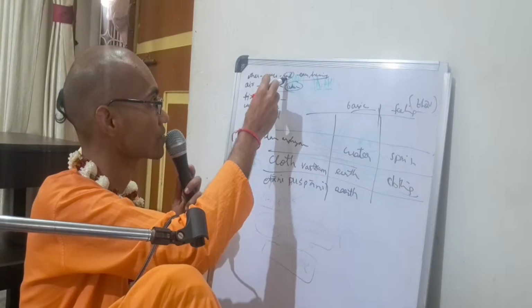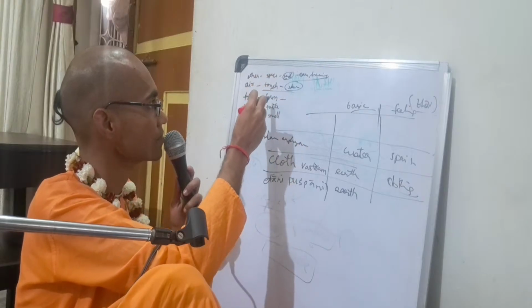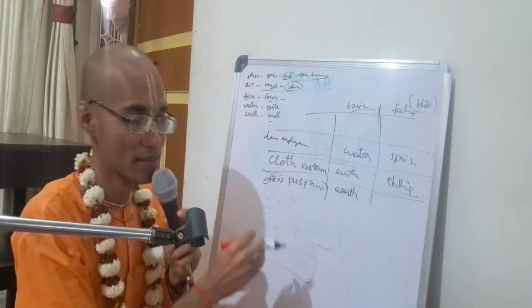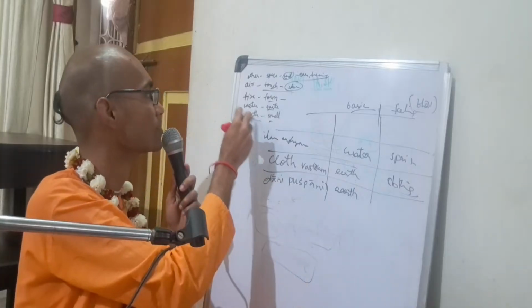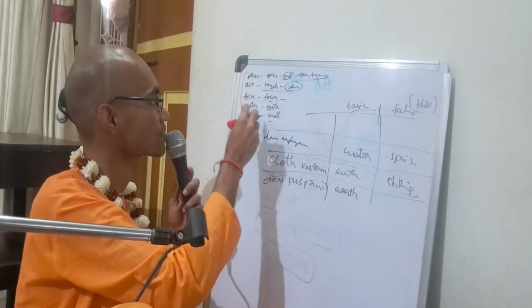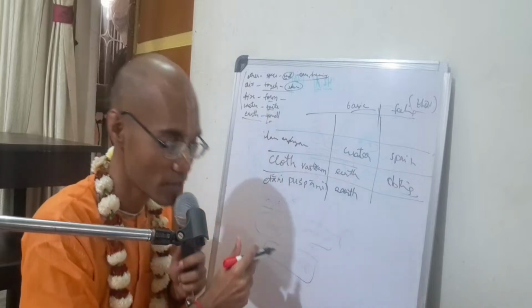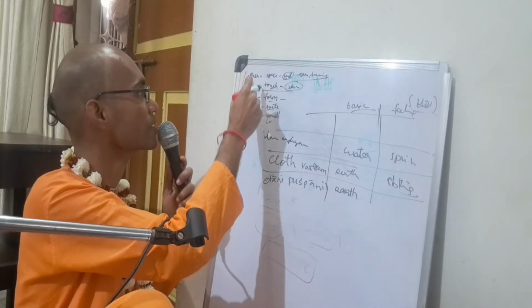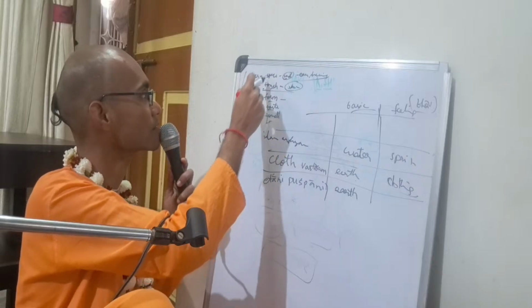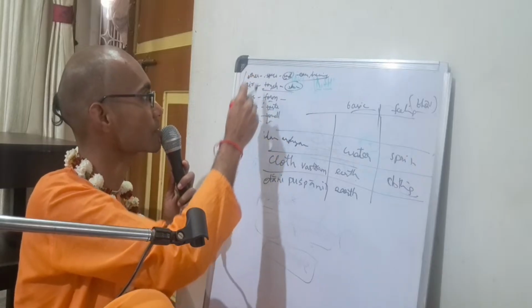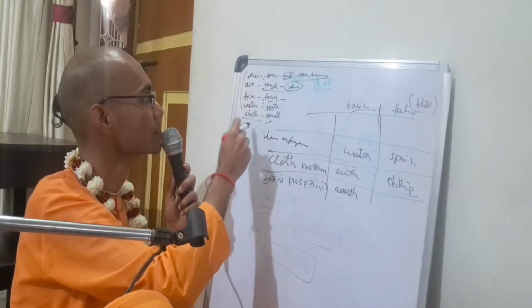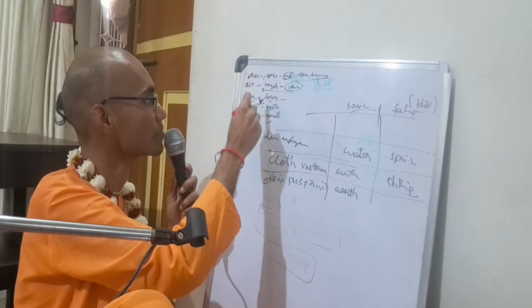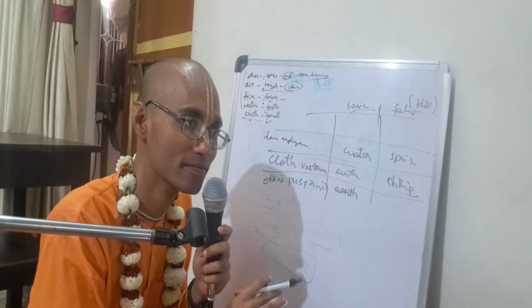So sound, touch, form. So earth contains all the other previous characteristics plus smell. You understood? Air contains space plus touch. Fire is space, touch, form. Water is space, touch, form, taste. Earth is space, touch, form, taste, smell. Clear?